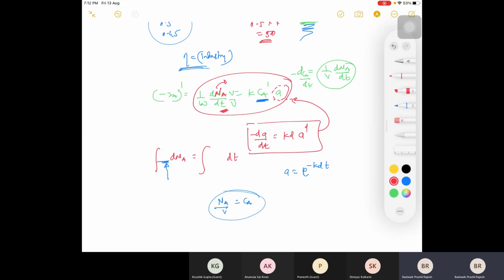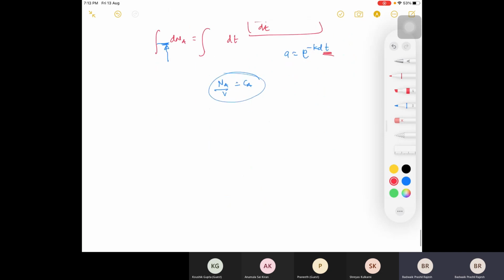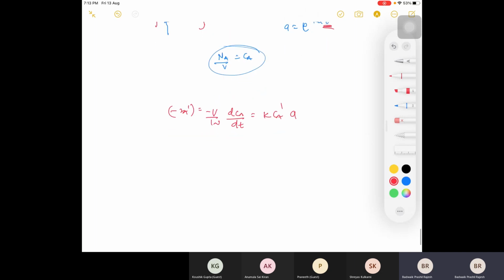Now you can see in this expression I have dCA, I have CA, I have dt, and I have this t. Now I can do the modification. So my final expression would be minus rA dash is equal to minus 1 by W, then multiplied by V dCA by dt, and this will be equal to k CA to the power 1, and this is activity.